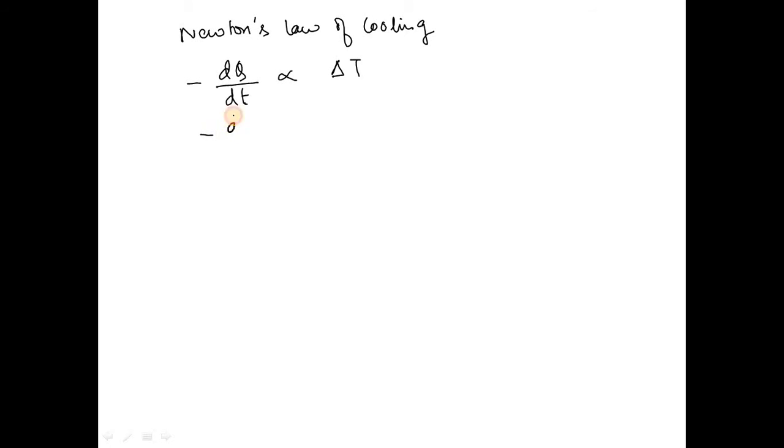So I can write a constant of proportionality here, capital K, and the difference between the temperature of the body and the surrounding. dQ, from calorimetry I know dQ is mc dT. d small t is for time, K del T.